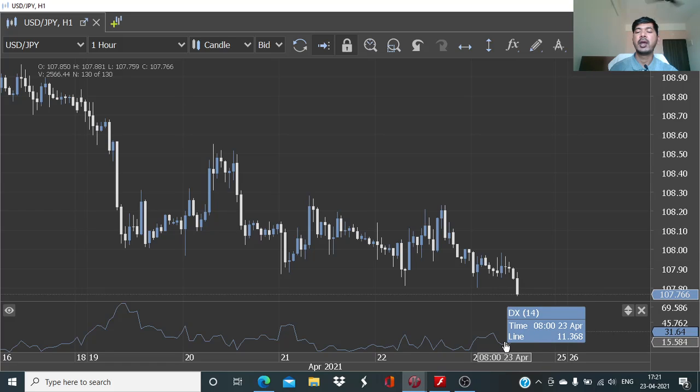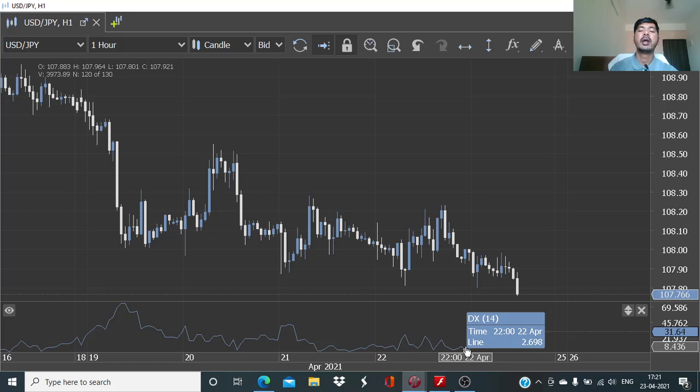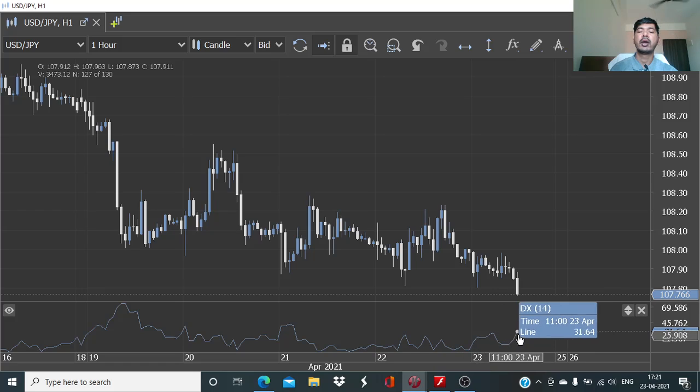As the DX, the directional movement index, is trend neutral, it only gives us the idea of the strength of the trend but not the direction of the trend.